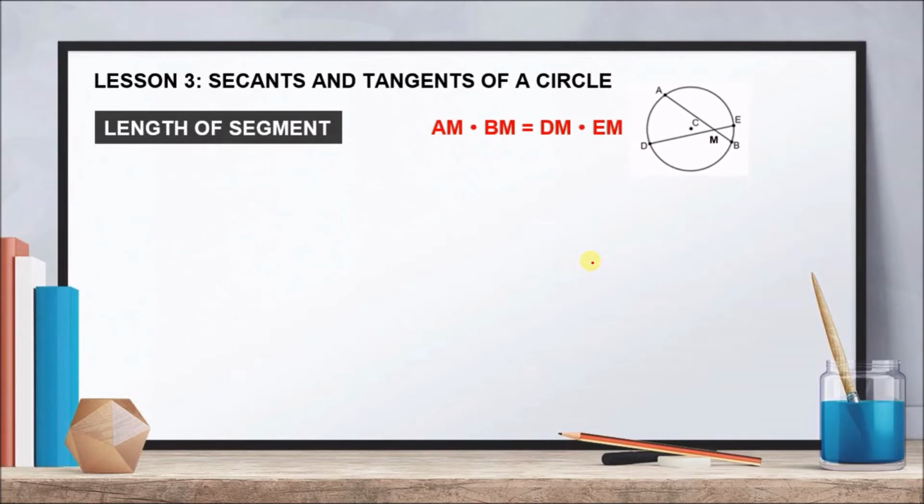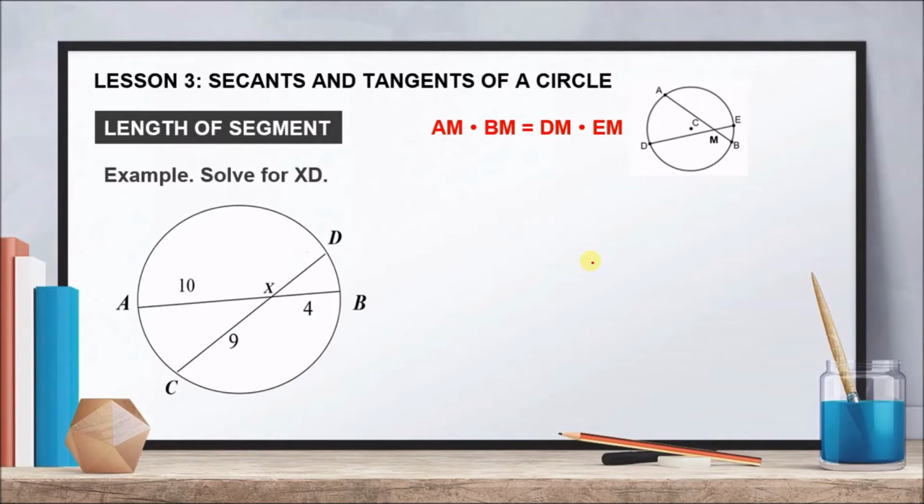Lagay natin yung formula doon. Solving for our XD, isa-solve natin ito. Kung napansin mo yung formula, napakasimple lang. Lagay mo lang yung maaari mong gayahing formula. I-multiply lang natin ng AX at saka XB. Multiply mo lang yung 10 at saka yung nawawala dito.